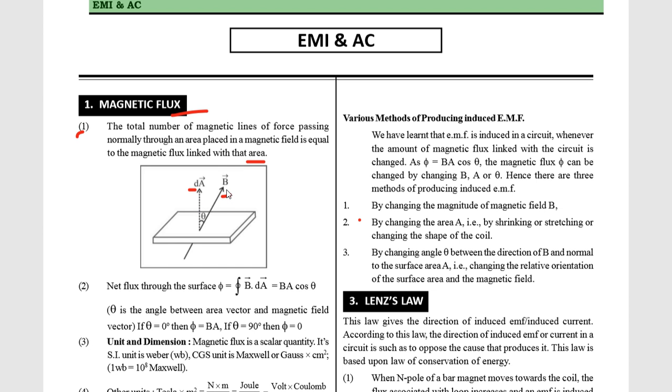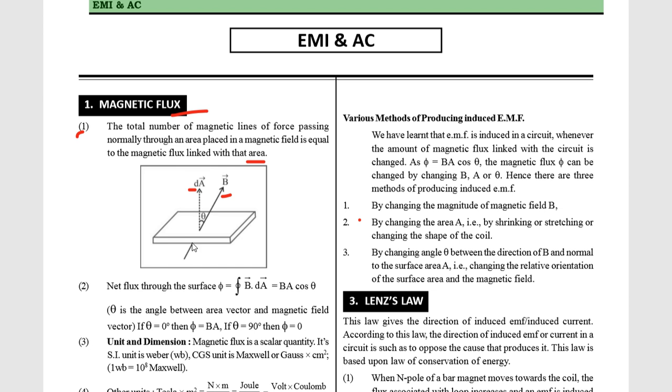It means it is not in the direction of the area vector. So in this case we can find this magnetic flux by the dot product of dA and B, or you can say the product of dA and the component of the magnetic field perpendicular to the surface, that is B cos theta.